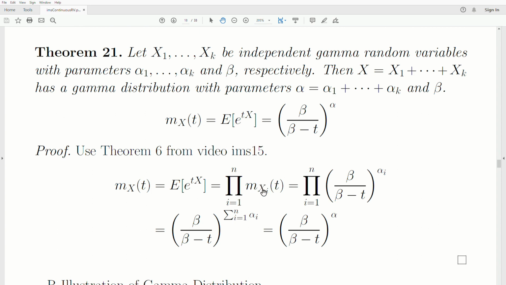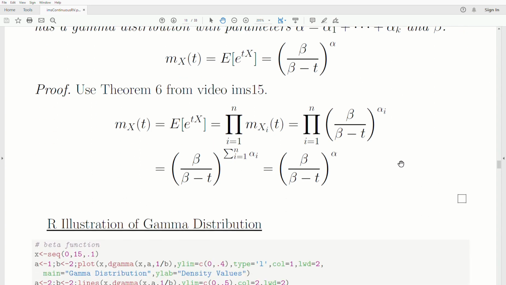But each of those moment generating functions is for a gamma random variable, which we showed was beta over beta minus t raised to the alpha i. But that product ends up just summing these exponents. And then we were calling that alpha, and that's what we wanted to show. So the sum of independent gamma random variables is itself a gamma distribution.